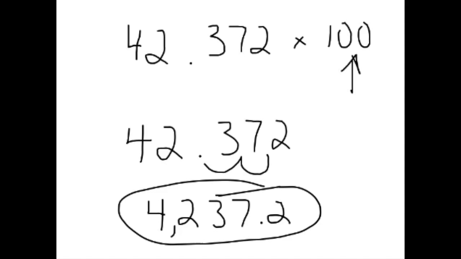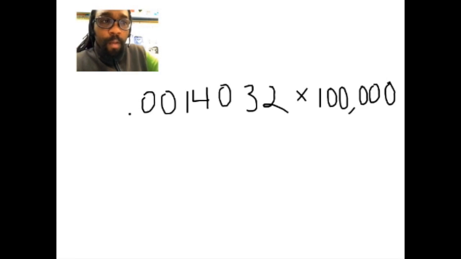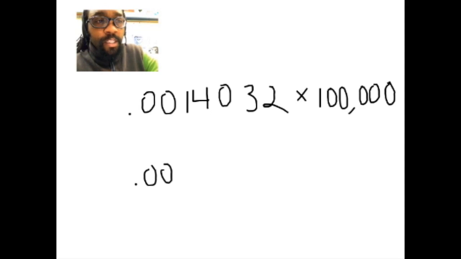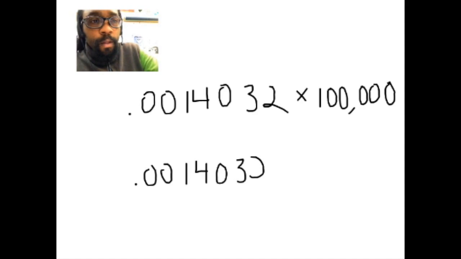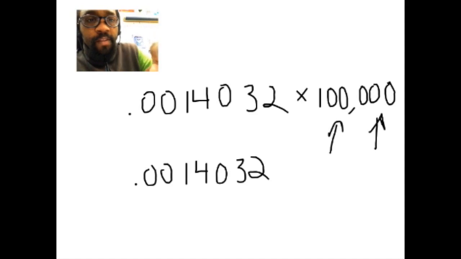Very easy. Our final basic skills problem, we're going to have this very small number times 100,000 and see what we get here. Remember, set it up and move the decimal place. We'll do that right here. And we're going to move it by, let's see, that's 2 plus 3 zeros. That's a total of 5 zeros.